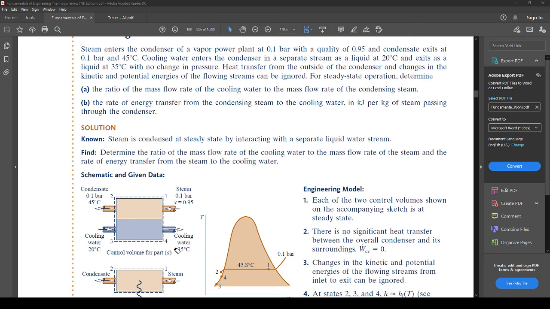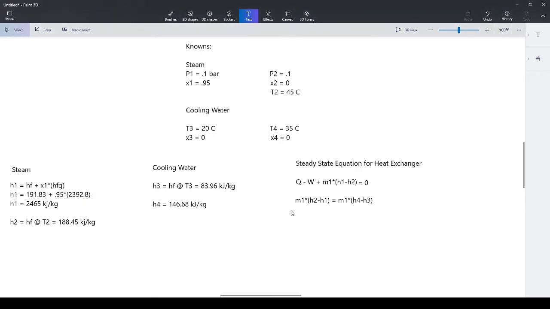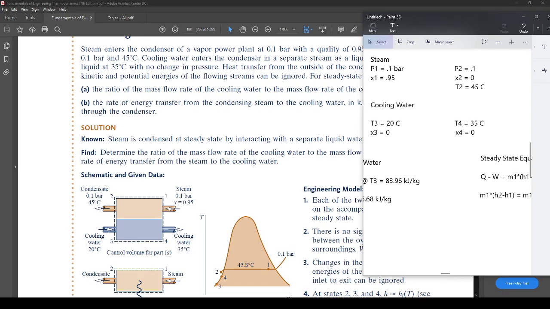It's trying to take away the heat. Okay? So this is the total heat transfer equation. So essentially the heat transfer from the first stream has to be equal to the heat transfer to the second stream. Does that make sense? Say something if it doesn't. Okay, I'm glad it makes a bit of sense.